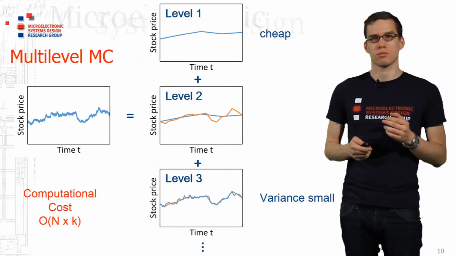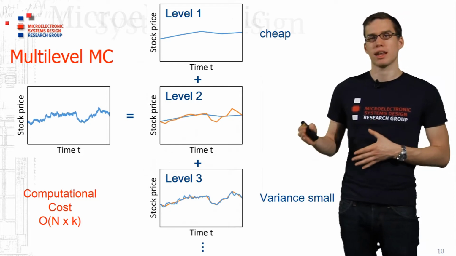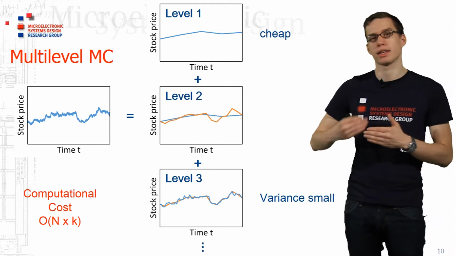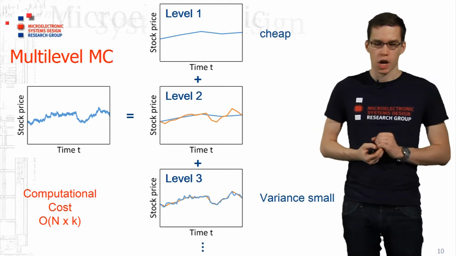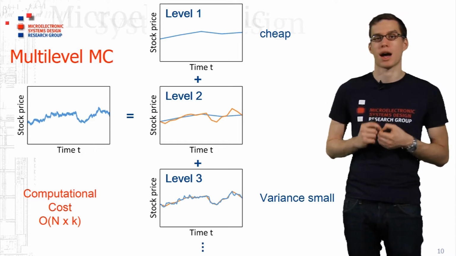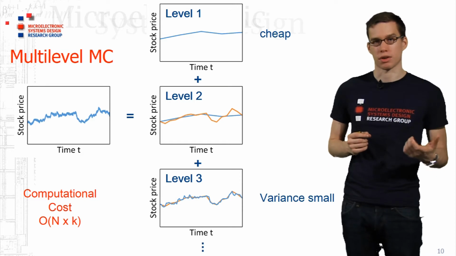And so, instead of using classical Monte Carlo, and that is something we will see again and again in many applications, when you go to acceleration, you really want to make sure that you are using the most efficient algorithm.